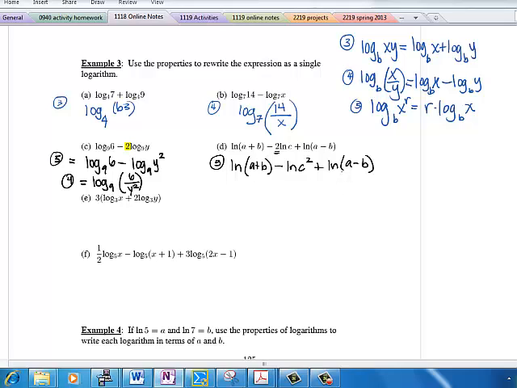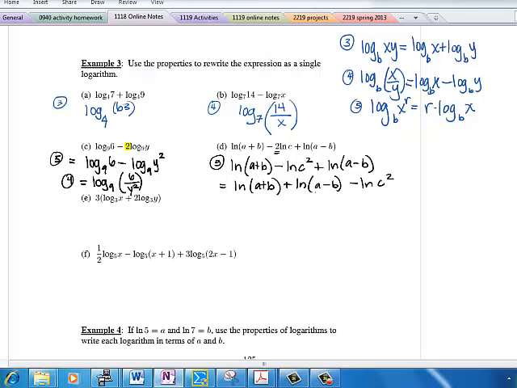I'm going to write everything that's a plus first, and then write the things that are subtracted. So I'm just going to rearrange, so I'm not using any properties of logarithms, but I'm going to do that so that I don't get confused about the order, right?